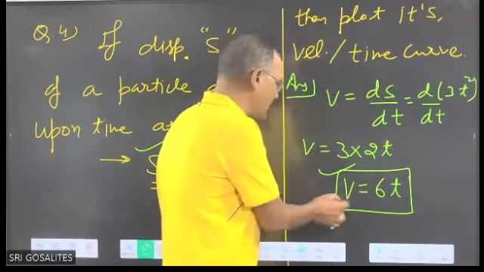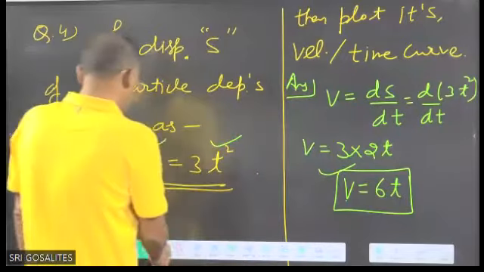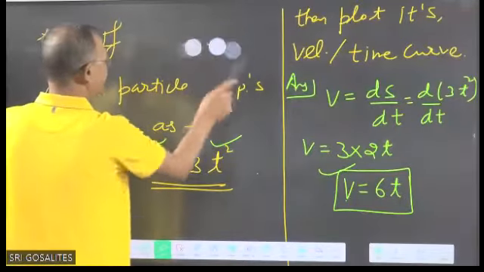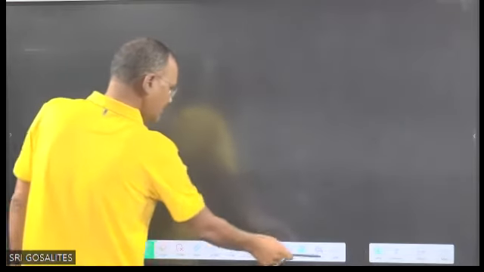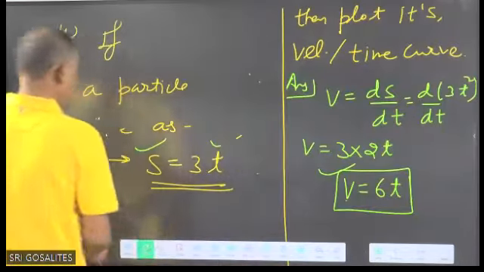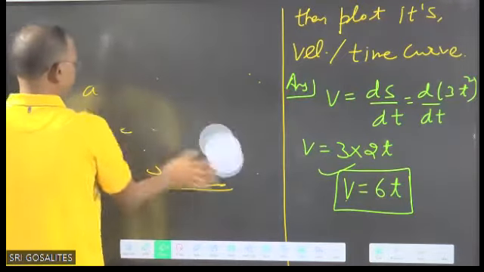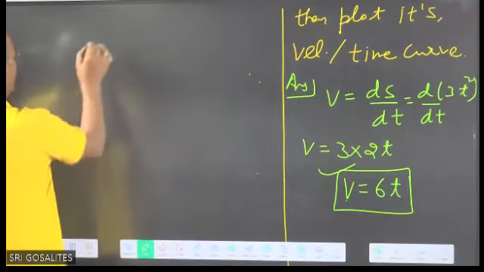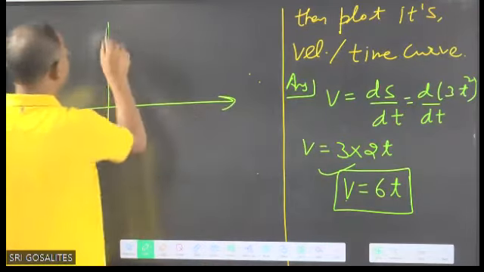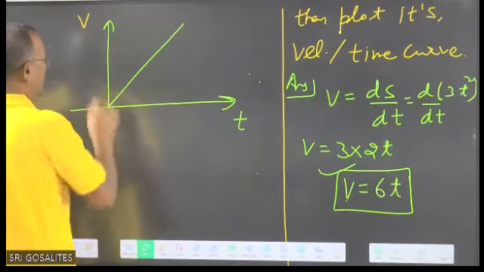Now can you see, we need the graph between velocity and time. So if I take the v on y and time on the x, how the graph will come. So the graph will come like this. This way, because this is y, this is x.